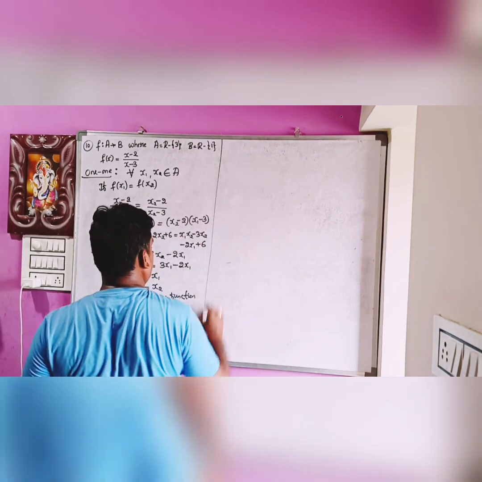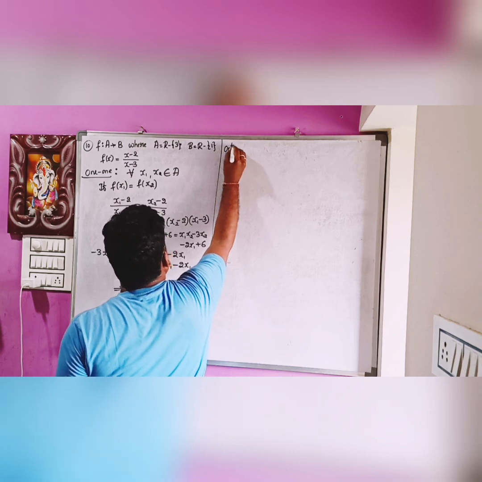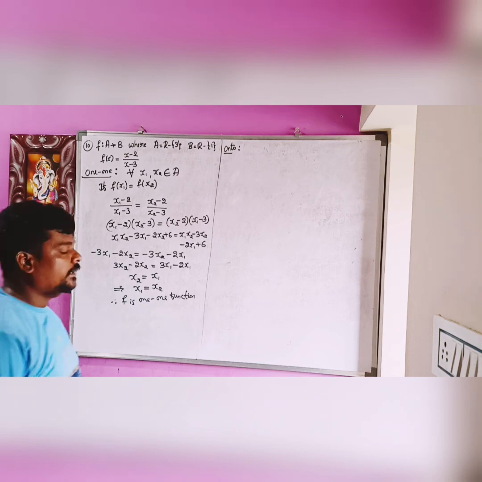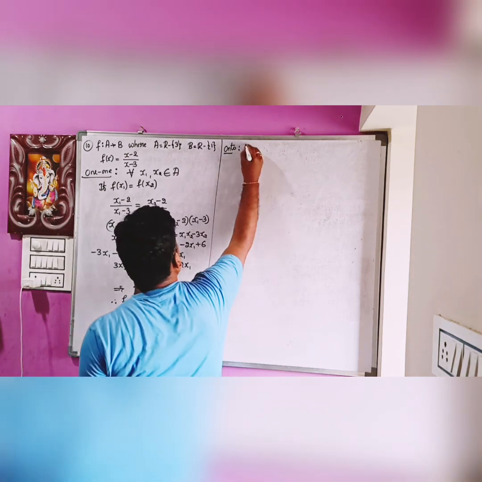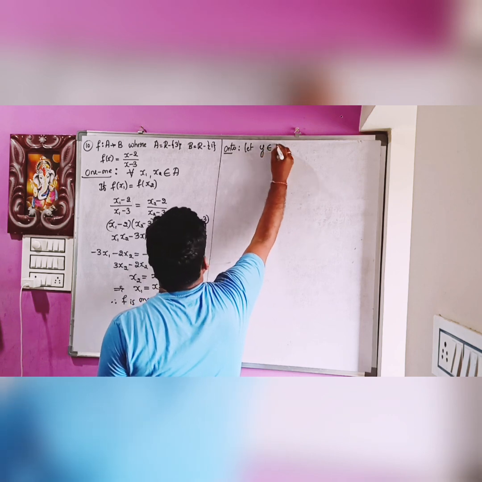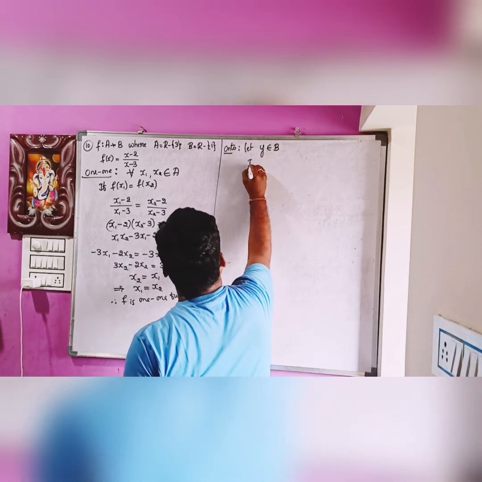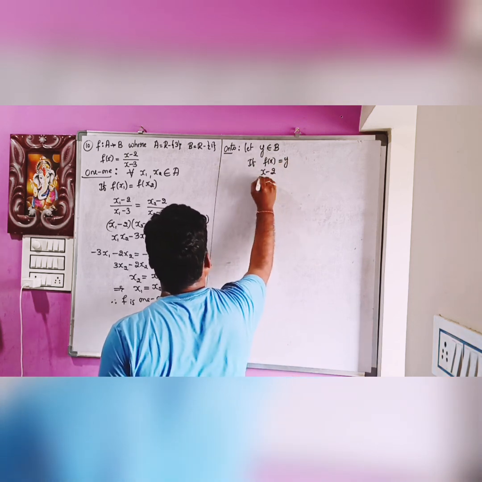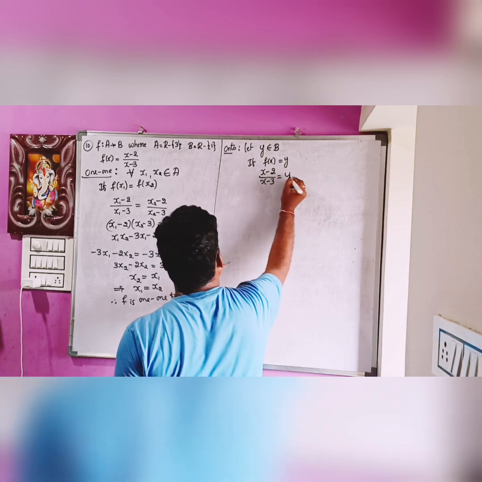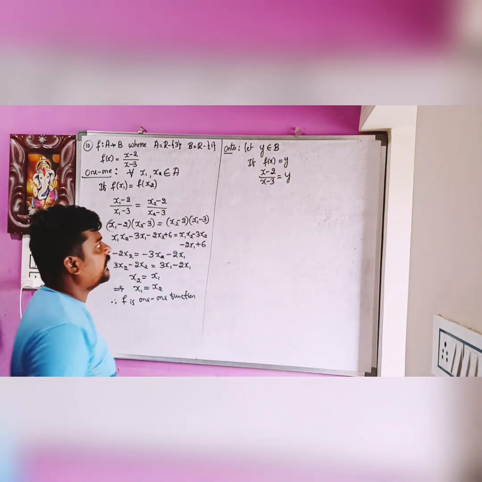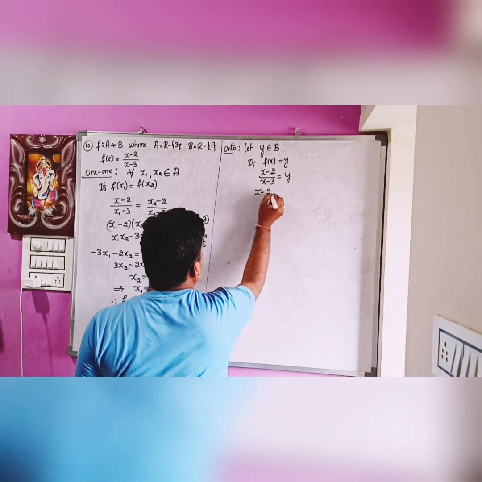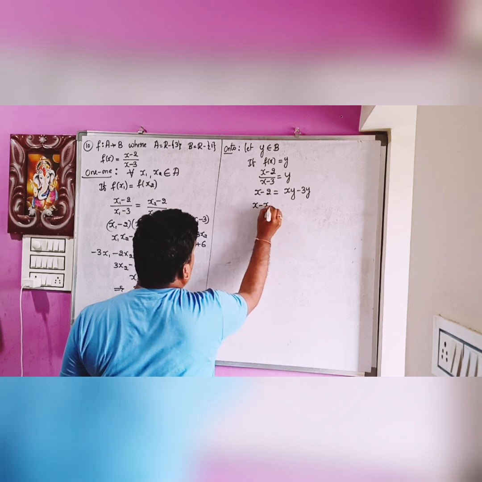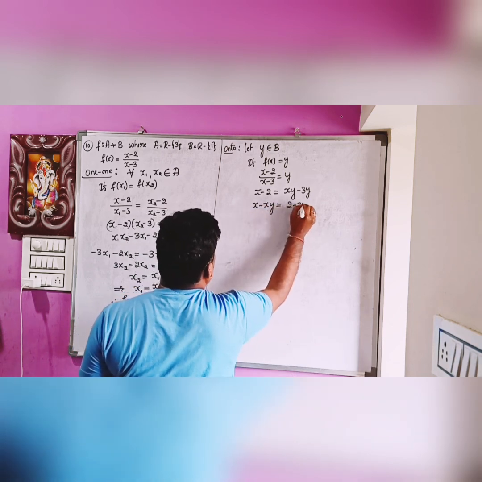Onto function. Let y belong to B, and let y equal f of x, that is x minus 2 by x minus 3 equals y. Convert it for x. Cross multiply: x minus 2 equals xy minus 3y, so x minus xy equals 2 minus 3y.